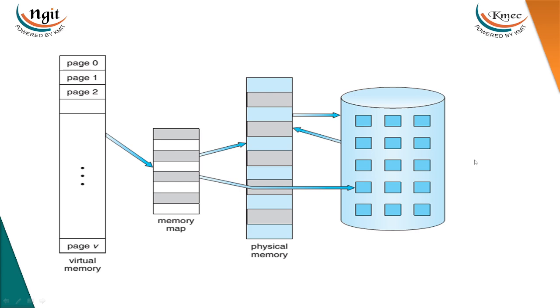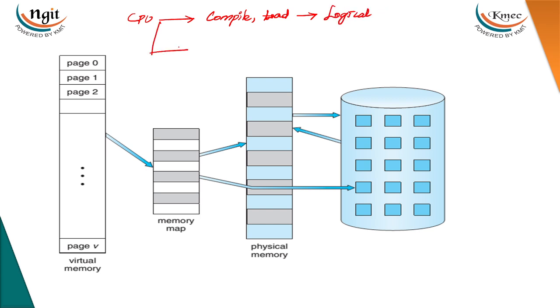The simple thing we can say is that whenever the CPU generates an address, if the physical address is generated at compile time or load time, those addresses we call logical addresses.